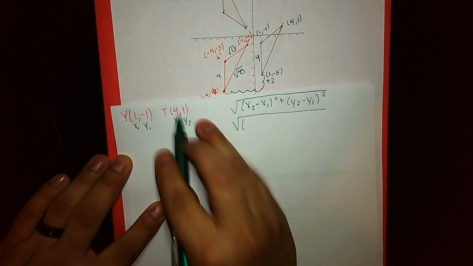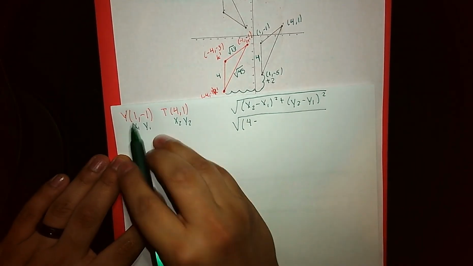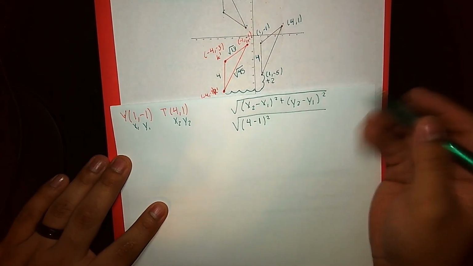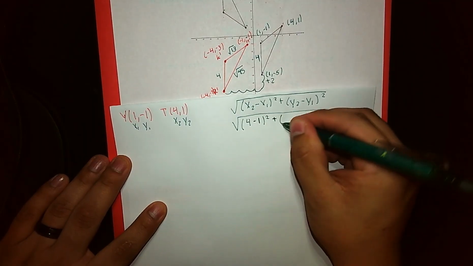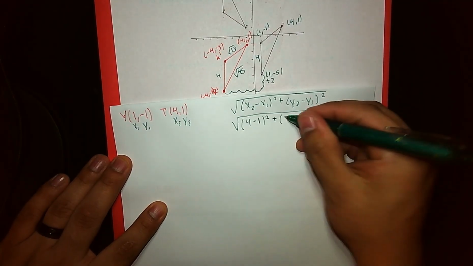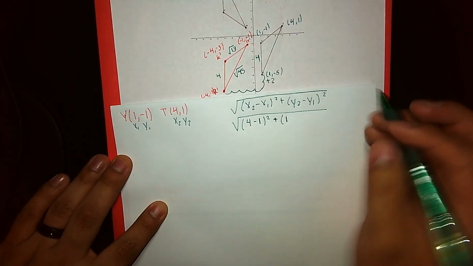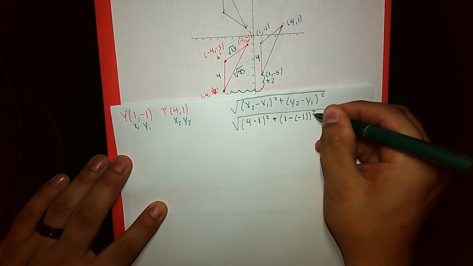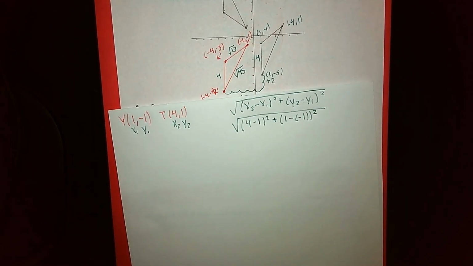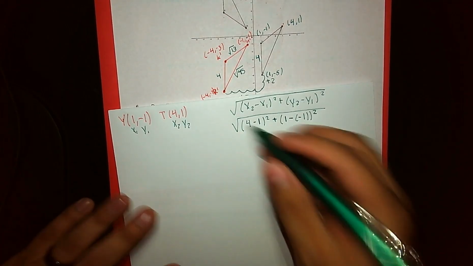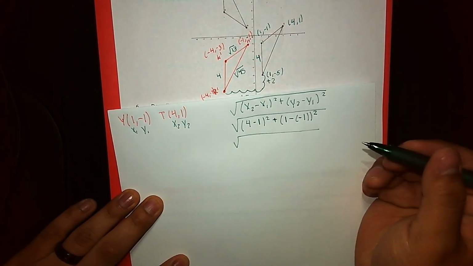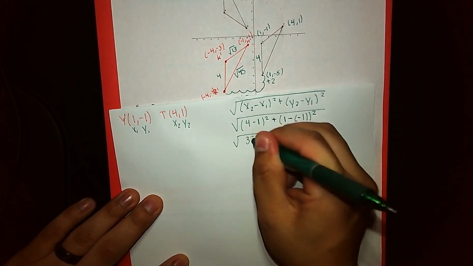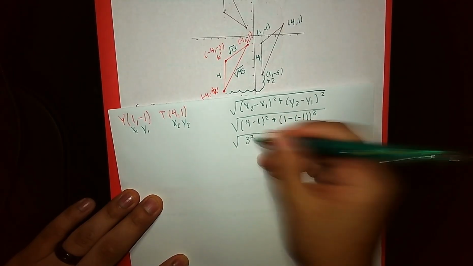So let's just plug in. x2, which is 4 in my case, minus x1, which is 1 here, squared, plus y2, which is 1 here, minus y1, which is negative 1. So 1 minus negative 1, whole thing squared. Well, 4 minus 1 is 3, so I'll get 3 squared.